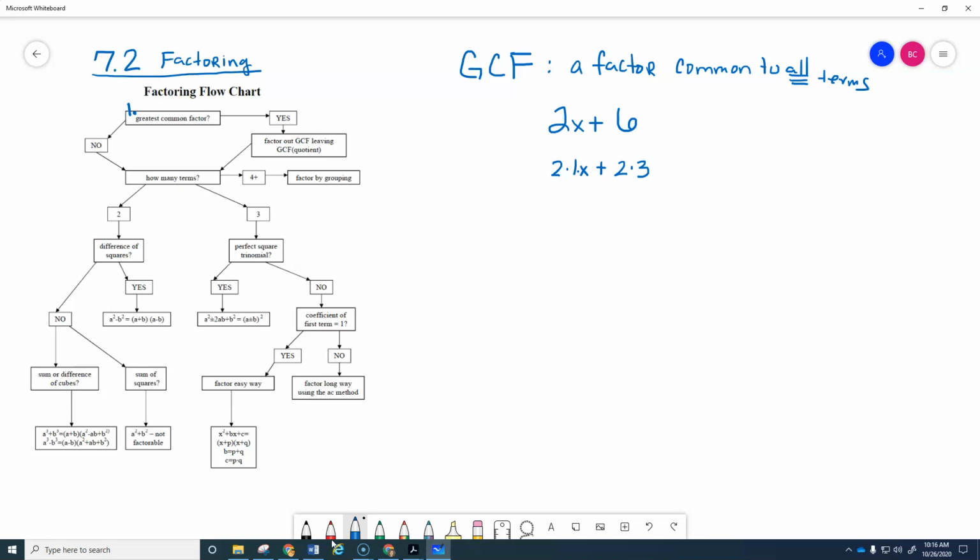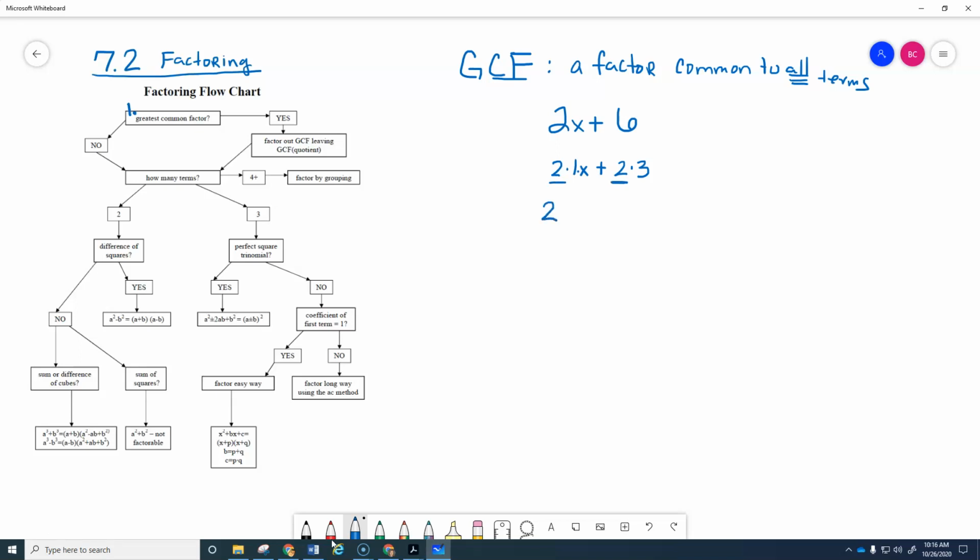Okay, we'll deal with the greatest part right here. First of all, a common factor is a factor common to all terms. So I look right here and I say, okay, this term has a 2, a 1, and an x. This term has a 2 and a 3. So what do both terms have in common? The common factor right there is a 2.